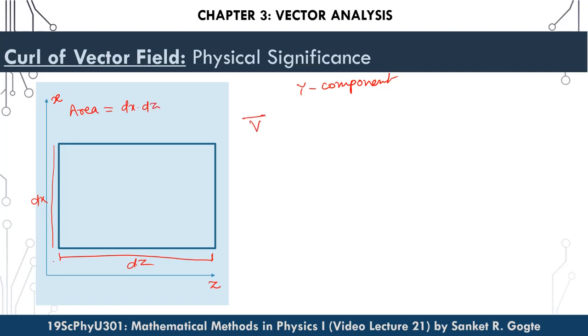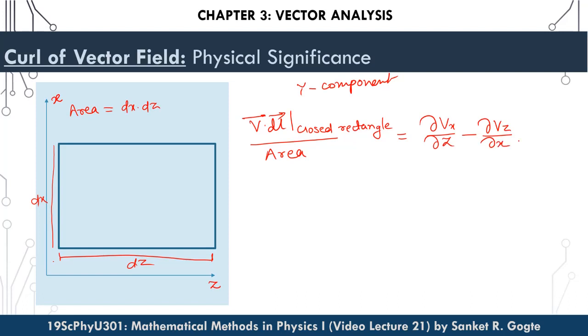And now v dot dl over the closed rectangle per unit area of the loop is equal to dou vx by dou z minus dou vz by dou x.